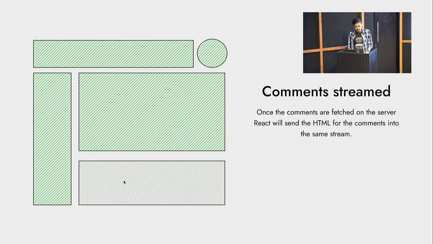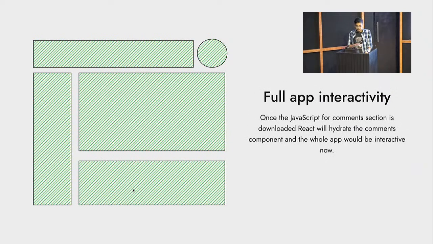The gray here represents that they are not ready to be interacted with yet, though they have the HTML in the stream itself. So we can start fetching the relevant JavaScript for the comments, and once it is fetched, we hydrate the comments as well, and our app is fully interactive now.